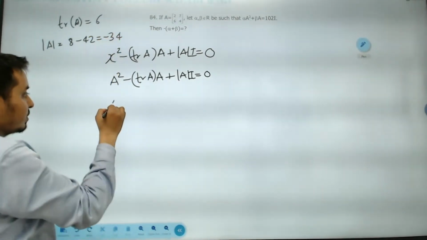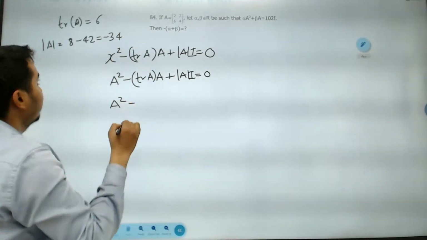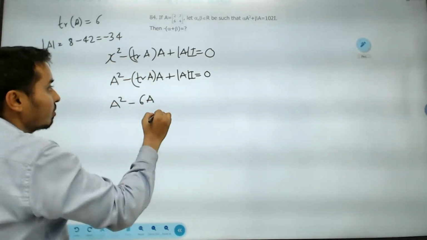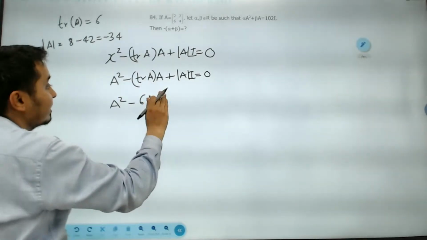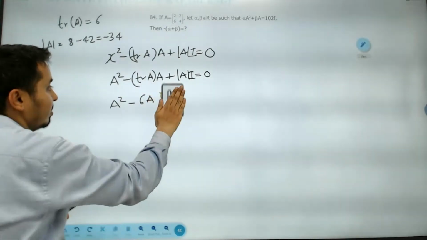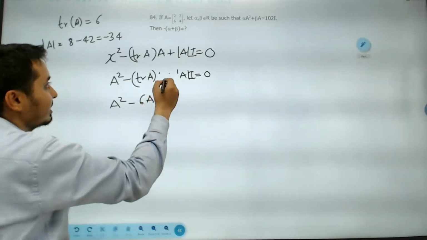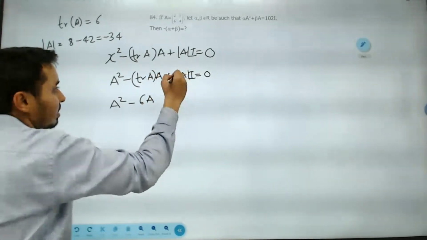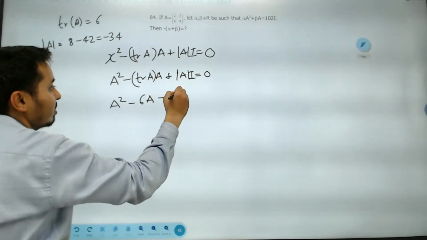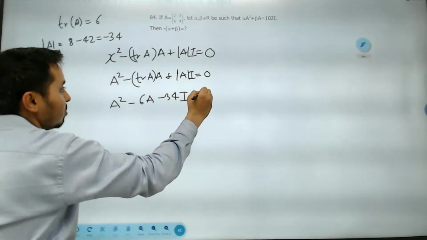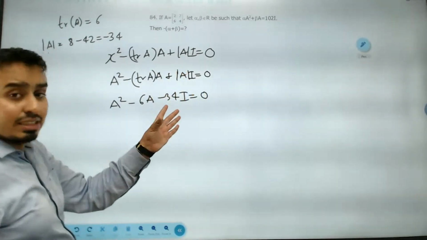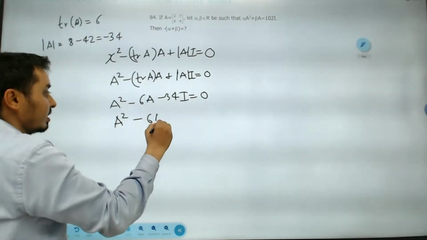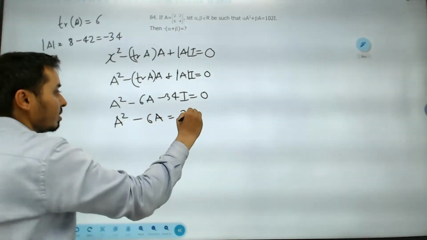So we have A square minus 6A plus det A, minus 34I is O. If I take this minus 34I there, I get A square minus 6A is equal to 34I.